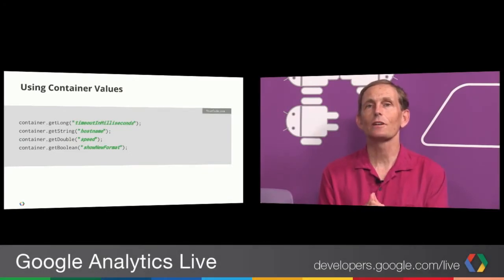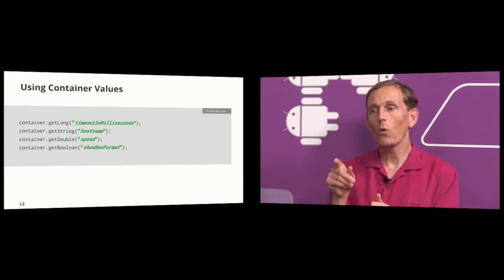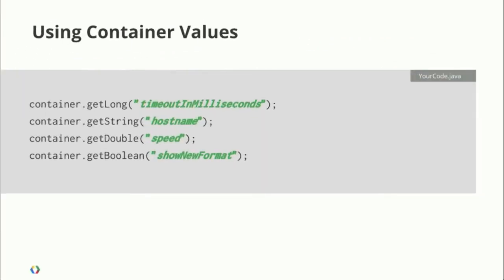The latest and greatest value that has been set up on the website. One thing to point out about that: when you're calling getLong or any of these get calls, there's no network communication happening. The network communication has already happened, and we download the entire container, and now we're just doing local calls. So these are not terribly expensive calls.